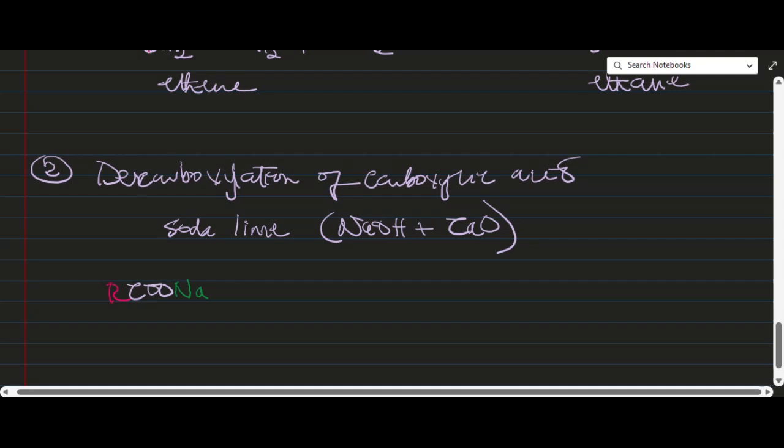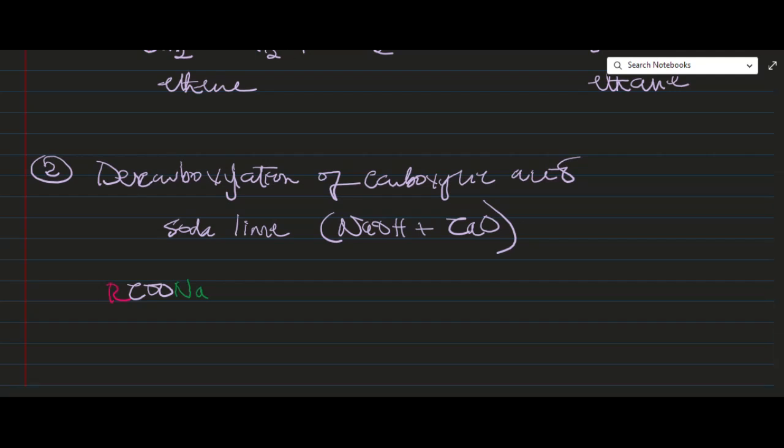R can be hydrogen, can be something else. So we have RCOONa, reacting with sodium hydroxide, NaOH, in the presence of calcium oxide, and then heat.